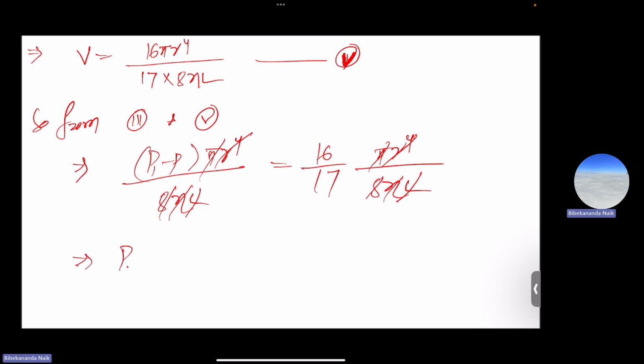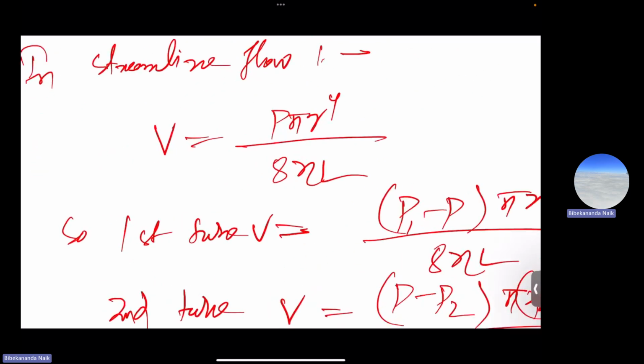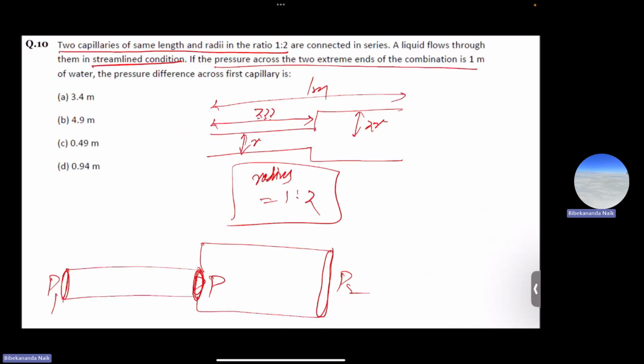So P1 minus P is 16 by 17, that is 0.94 meter. The correct answer is 0.94 meter, that is option D.